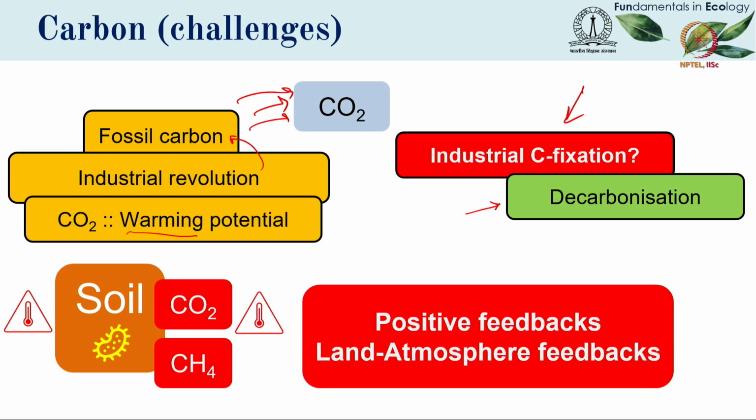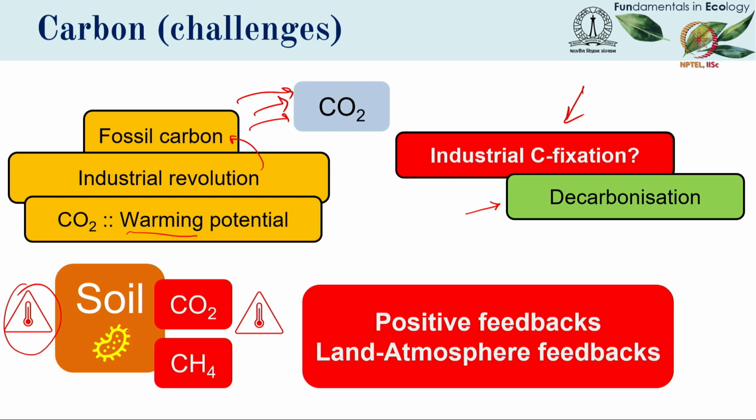Now a warmer atmosphere or warmer air also means that soils get warmer. There are microbes living in the soil that are respiring organic matter, breaking down the polymers and releasing CO2 back into the air.